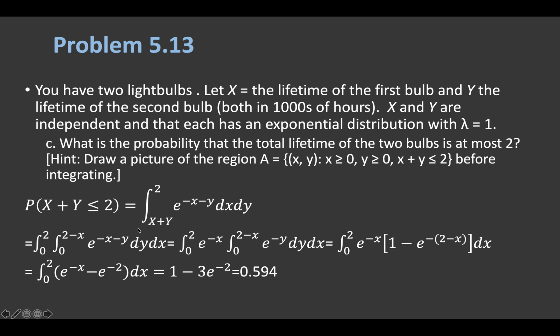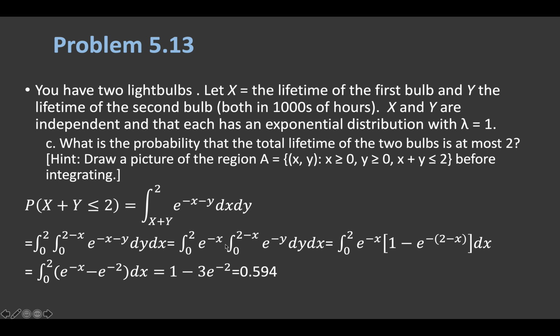Then I do the integral first inside, for this part. Then I do the integral for dx, which is from 0 to 2. That's how we do it. Then I can do some conversion and make it into this.